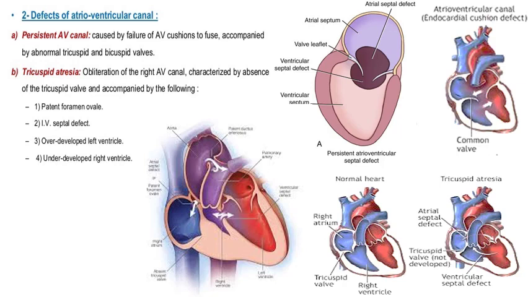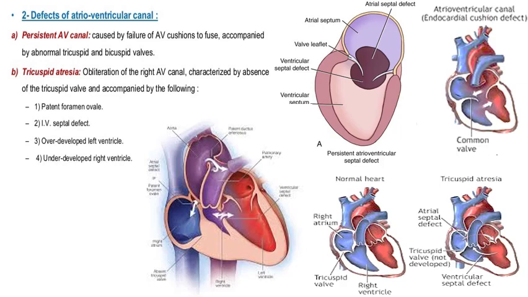The ventral and dorsal endocardial cushions will fuse to form the septum intermedium. So the right and left will form the valve. So we do not have the septal valve or the medial valve for the mitral and the tricuspid valves. So there is abnormality in the valve formation also.